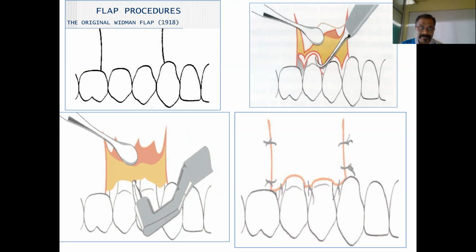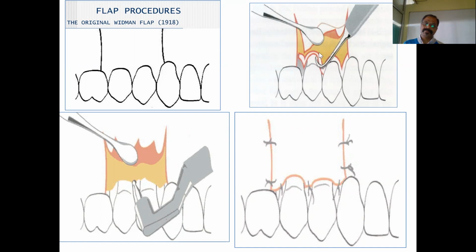The second step is you're going to give the first incision. So what is the first incision? It is an internal bevel incision, or what we call the inverse bevel incision or reverse bevel incision. Here in the original Widman flap, the incision starts 1 to 2 millimeters away from your marginal gingiva.